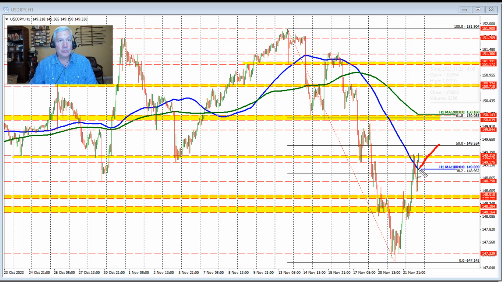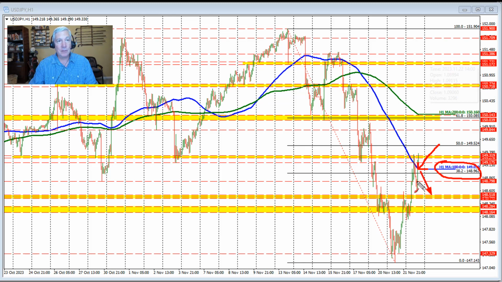So watch this level in trading here today, as long as the price can remain above that level. It also corresponds roughly with the 38.2% and around the 149 level. So the 149 level is now support in the dollar versus yen. If we do break below that level, we should see further downside momentum.